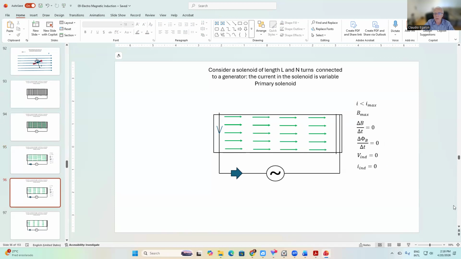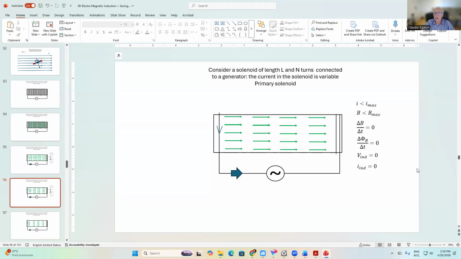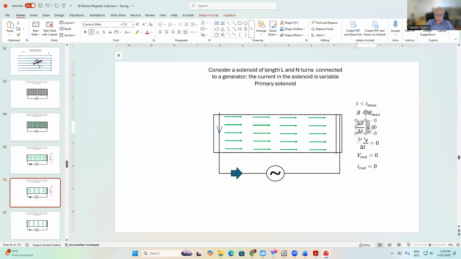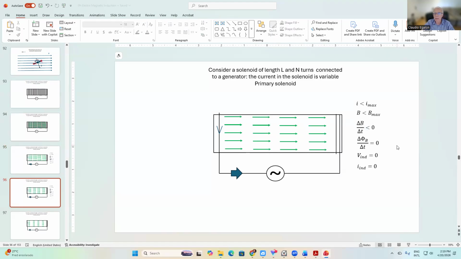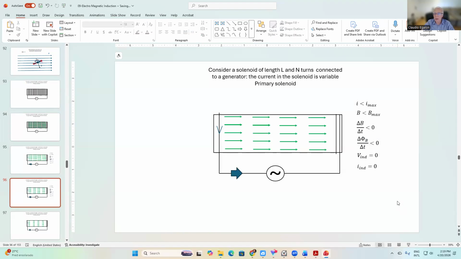So let's go back to the other one. B is less than maximum. Delta B over delta T is going to be negative because the magnetic field is decreasing. Delta phi over delta T is going to be negative.